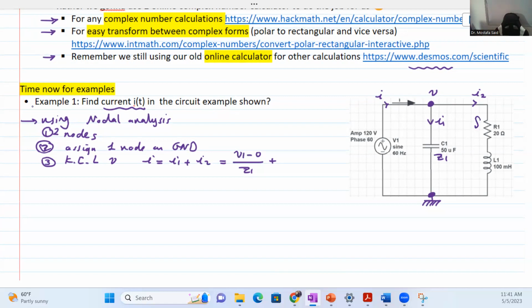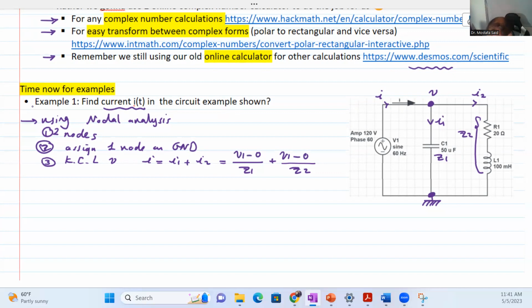We're going to call this whole impedance Z2. So V1 again, the source of the current, minus the destination of the current, which is the ground, over Z2. So if we know V1, Z1 and Z2, we can calculate I, right?